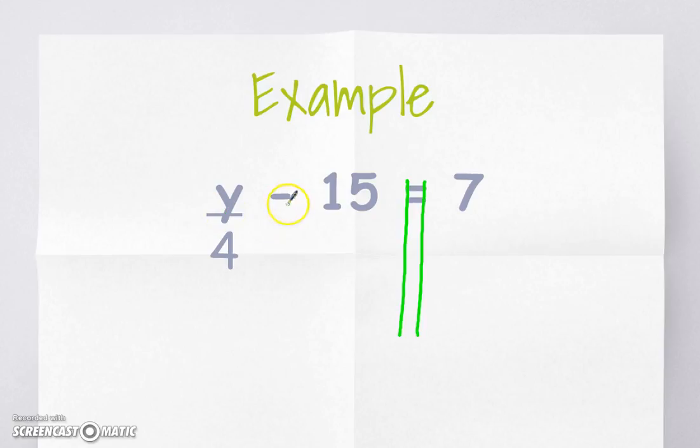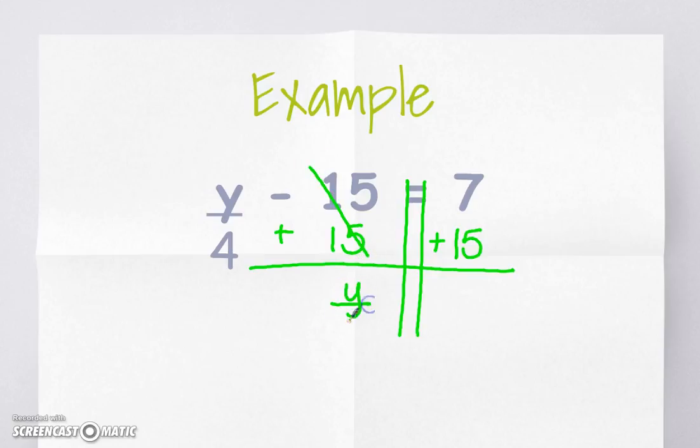So the inverse of subtracting 15 or negative 15 would be to add 15 or positive 15. The 15's cancel each other out. I'm now left with y divided by 4 equals, and 7 plus 15 is 22.